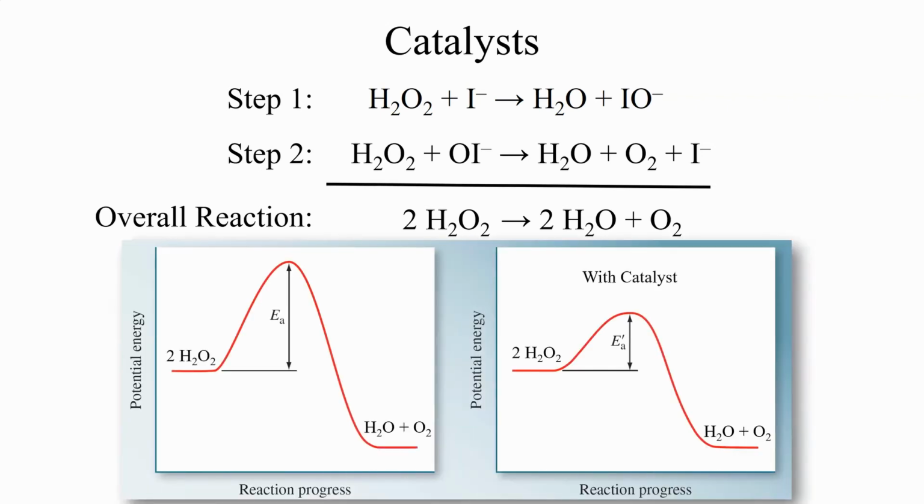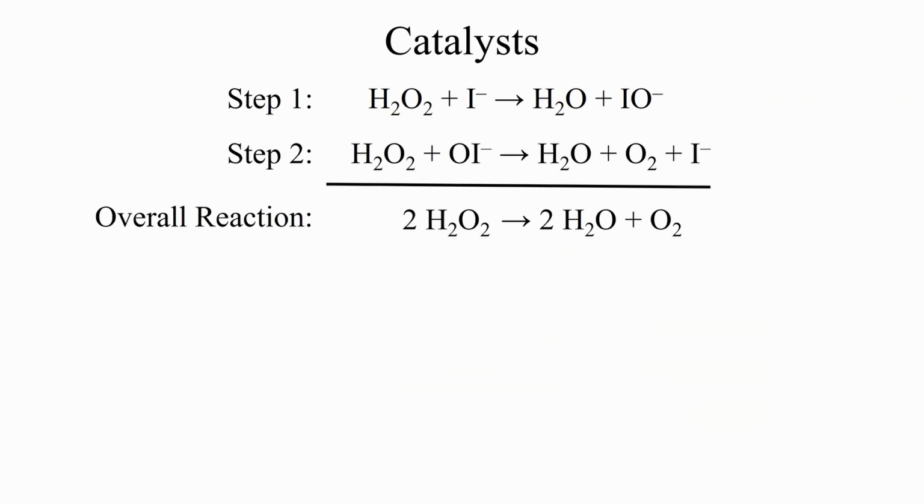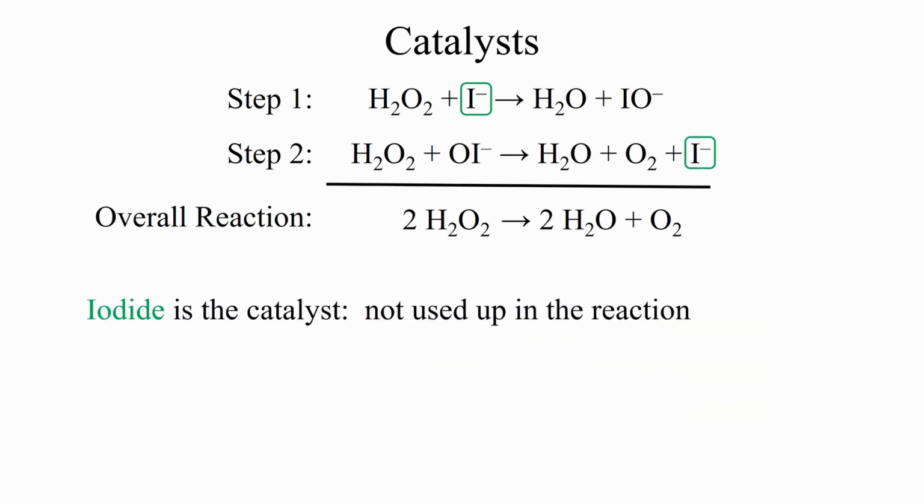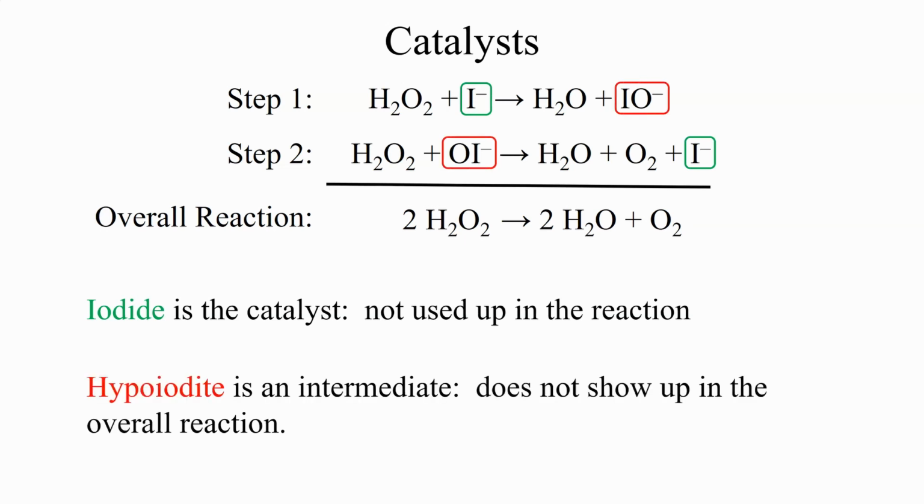So with catalyst, we have a much lower activation energy. And again, it should be noted that the iodide is the catalyst. It's not used up in the reaction. You put it in and you get it out in the end. So it's very important to differentiate this catalyst that we added as a reactant in the first step, and that was also reproduced or showed up again as a product in the final step, as opposed to the hypoiodite.